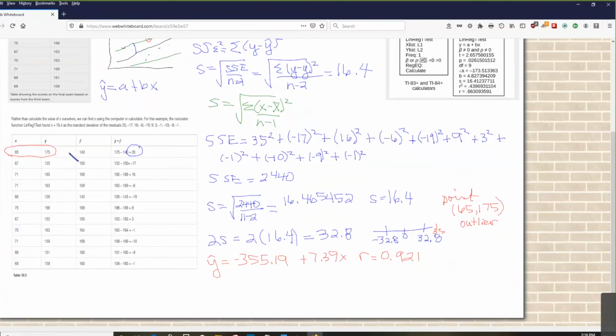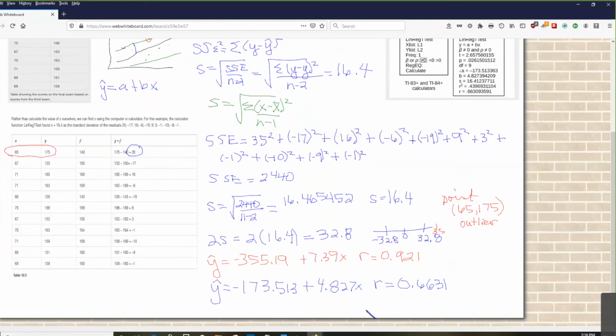And then what we had originally, just so we can compare it, was minus 173.513 plus 4.827x with a correlation coefficient of 0.6631.